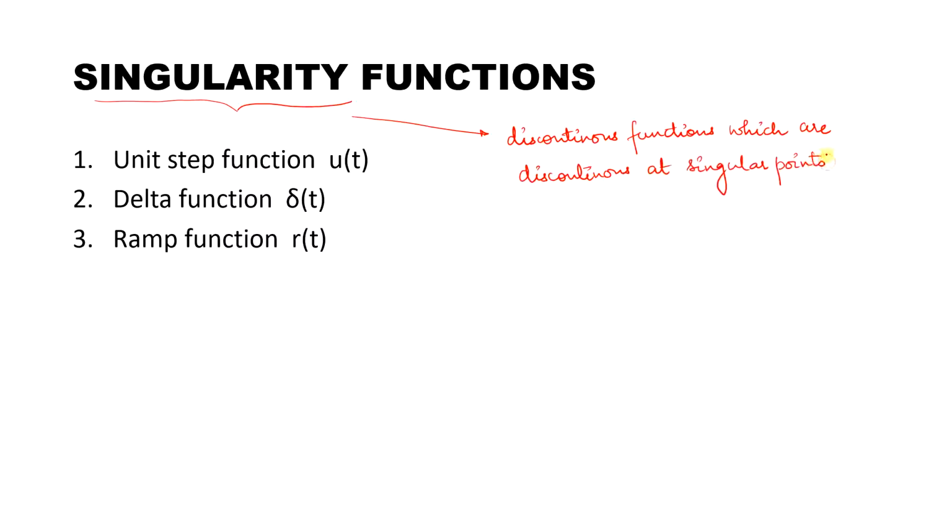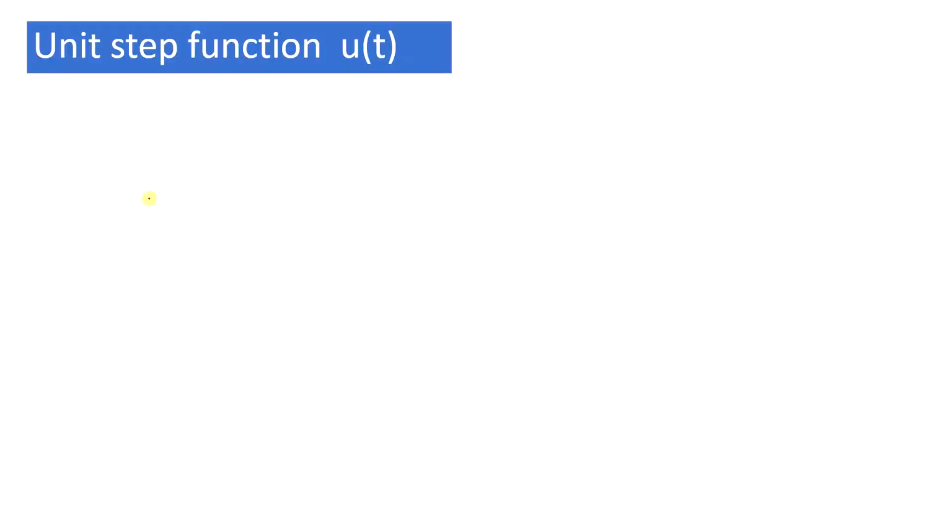There are three types of singularity functions: the unit step function represented as u of t, the delta function represented as delta of t, and the third one is the ramp function represented as r of t. Let us look into each of these individually. The first one is the unit step function represented as u of t.